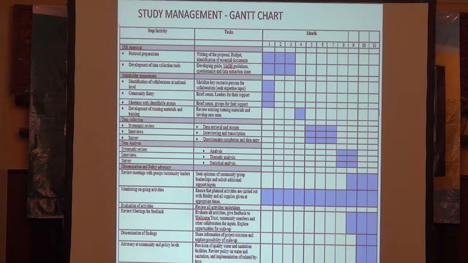And then we try to evaluate in the last 3 months. We also try to have a review meeting to get feedback from the community within the last 3 months. Dissemination of findings, as well as advocacy at the community and policy levels, will also take place in the last quarter, or the last 2 months.